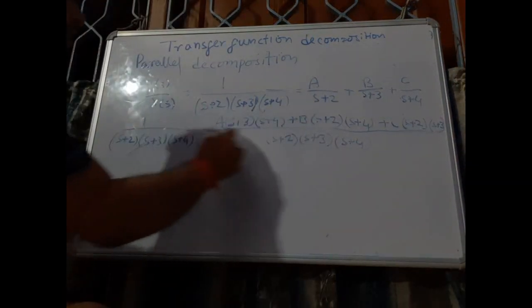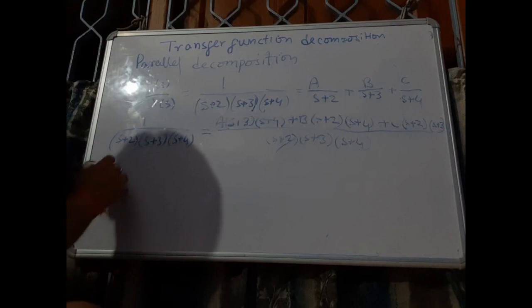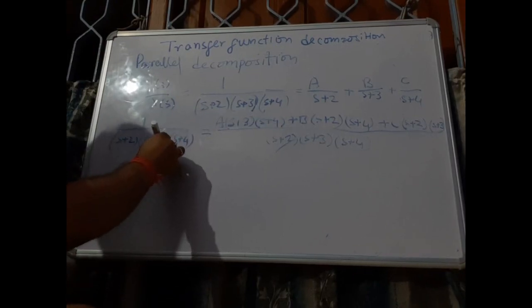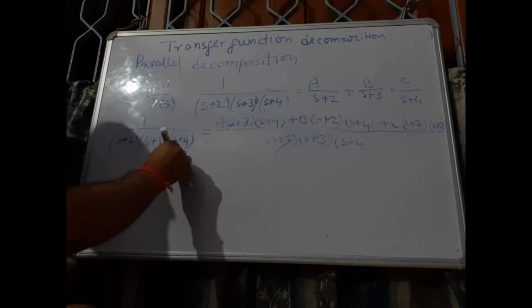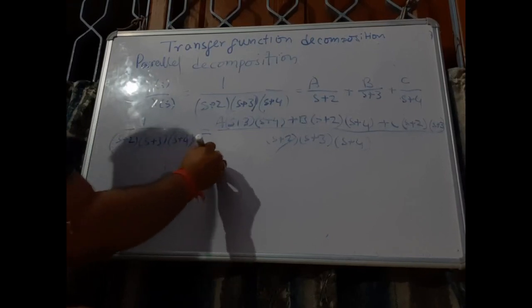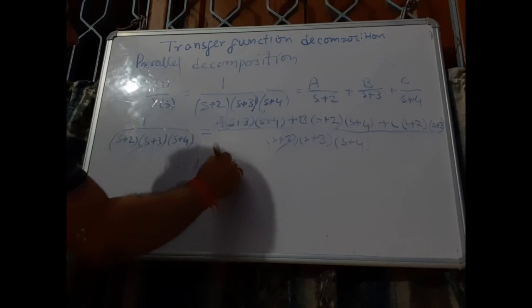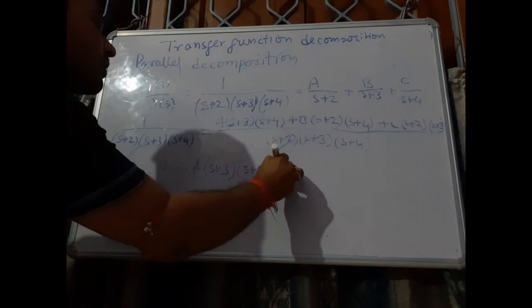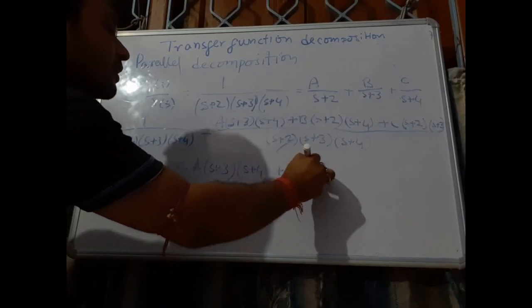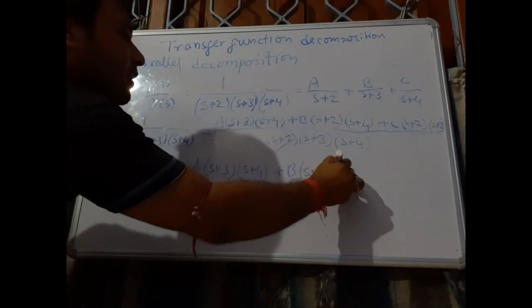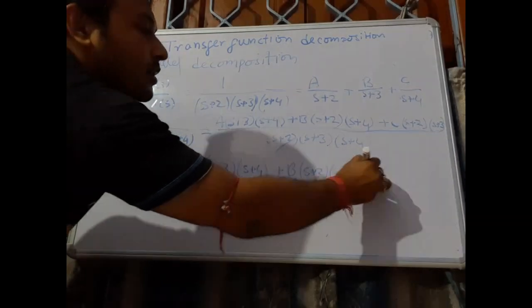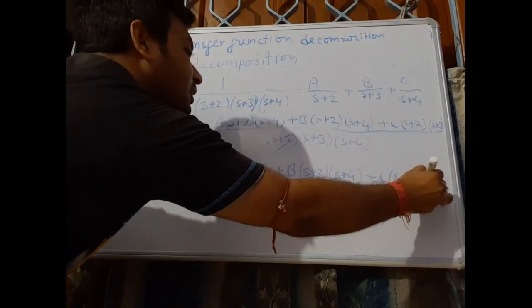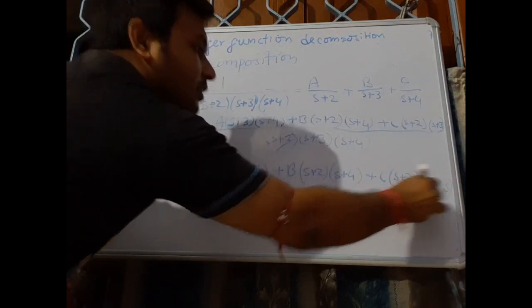So we can cancel the denominator and we get 1 is equal to a(s plus 3)(s plus 4) plus b(s plus 2)(s plus 4) plus c(s plus 2)(s plus 3).